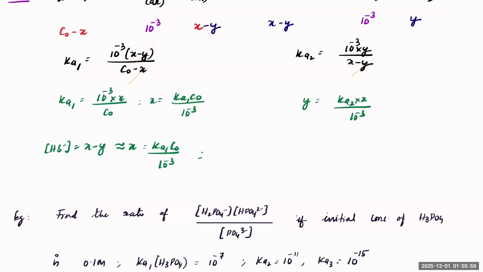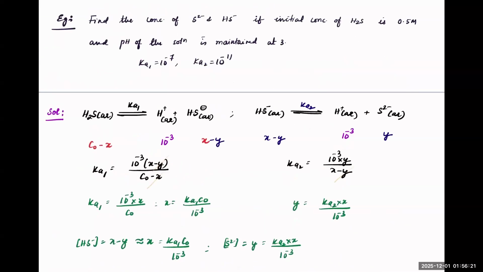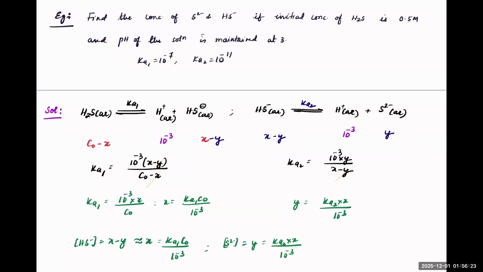Likewise, S2 minus concentration is equal to Y. So Y is equal to K2 into X divided by 10 raised to power of minus 3. So I guess all of you understood how to figure out the concentration of any polyprotic acid given. You must know how to figure out the concentration of unknown ions. Please check.